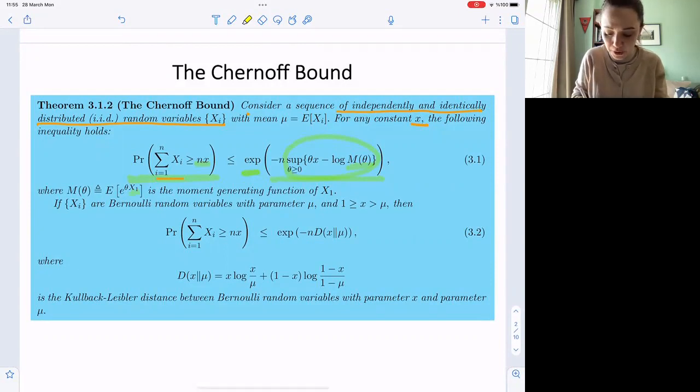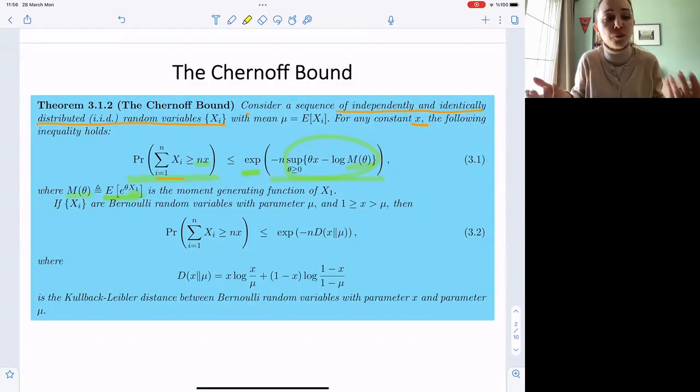For a random variable x1, we compute the moment generating function of x1 by taking the expectation of e to the theta x1. Sometimes we call this parameter s. It is related to the Laplace transform. This will work for any theta. So the moment generating function is a function of theta.